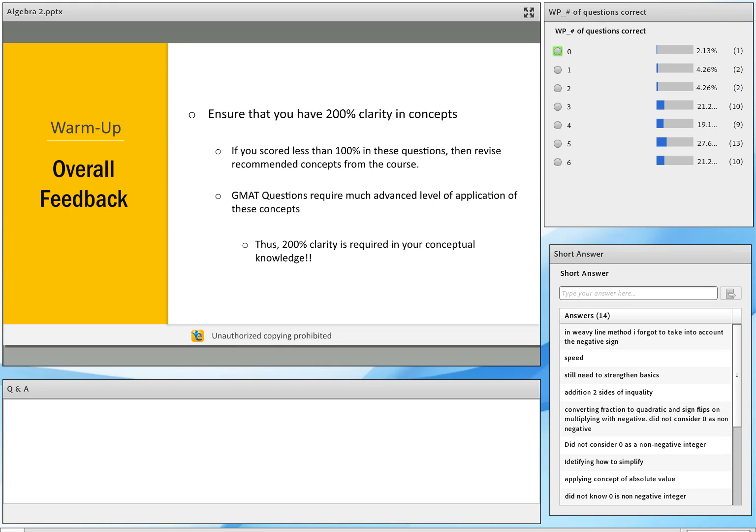Okay. So what I want you guys to take away from this is that right now I have about 100 people in this session, right? Each of you solved these questions based on your current level of comfort from a conceptual and process standpoint. But the kind of mistakes you made depended upon whether it's a particular process skill that you're not able to apply, or a particular conceptual skill, right?